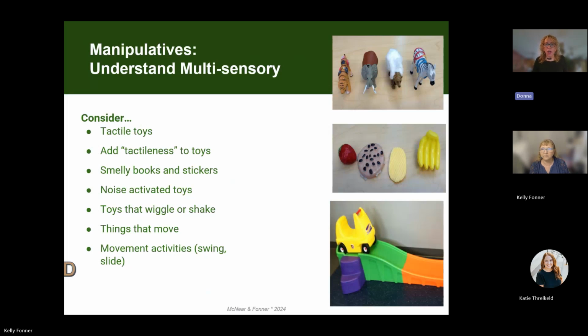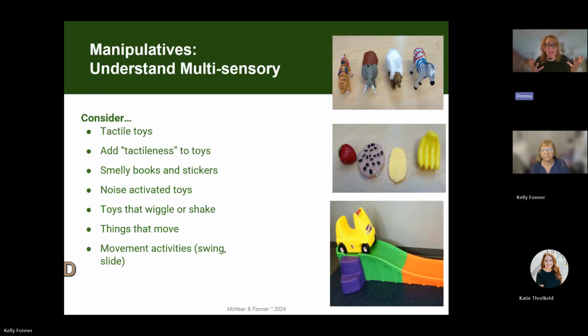So she just really became competent at adding tactile components to items she was using with all clients. So some considerations to think about in terms of manipulatives and making it multisensory is just thinking about toys and their tactileness and thinking about that when you go to use or buy toys, and that concept of tactileness and how you can add to it, or maybe something already has it.